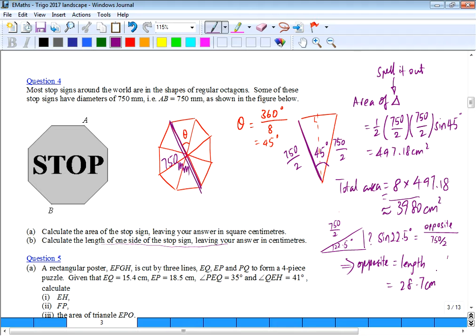Sorry? Oh, really? Oh, we have to leave our answers in square centimeters. So yes, you're right. We need to change all the 750 to 75.